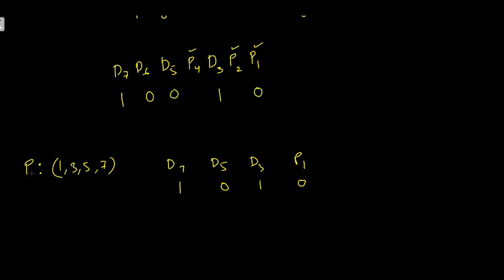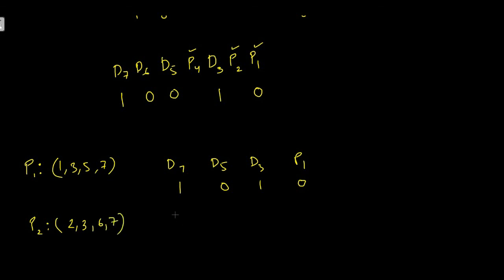Similarly, P2 is set as even parity. The bits used are 2, 3, 6, 7.